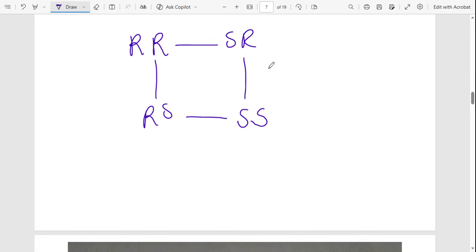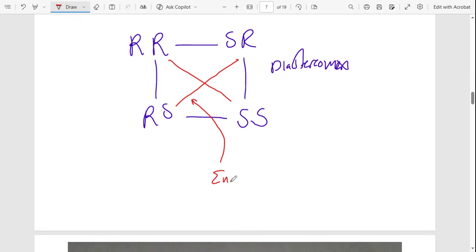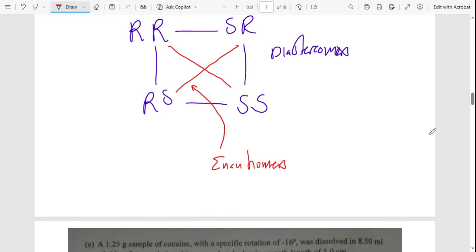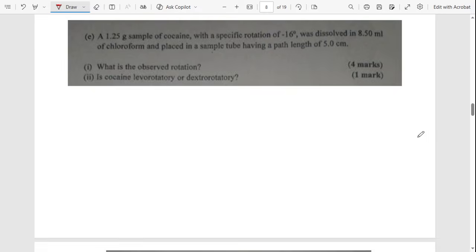So we call these diastereomers. And then this was RR is now SS. This was SR is now RS. We call these enantiomers, if any carbon has got a swap of configuration.